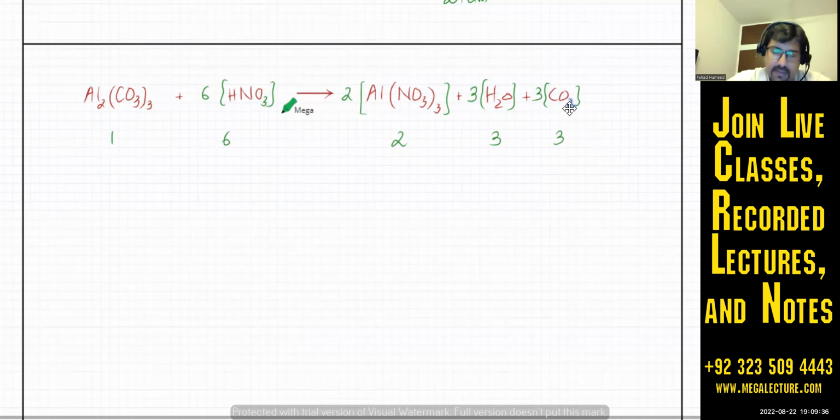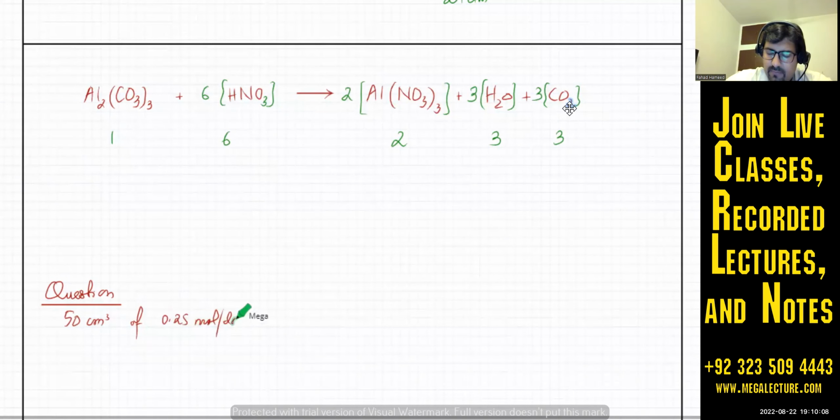So this is your reaction. And the question has given you certain information. So let's write down the question. Remember, the question is like a word problem. So just like a math equation, you just have to extract information from there. They're saying that 50 cm cube of 0.25 mole per dm cube nitric acid completely reacts.